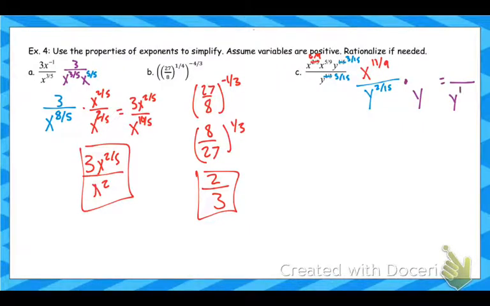So I want this to be 15 over 15. Well, in order to get that, I'm going to need to multiply by y to the 13 over 15, because again, top and bottom. So this gives me x to the 11/9, y to the 13/15 over regular old y.